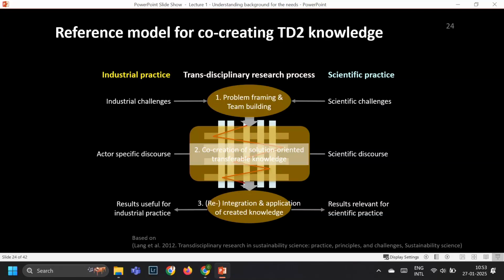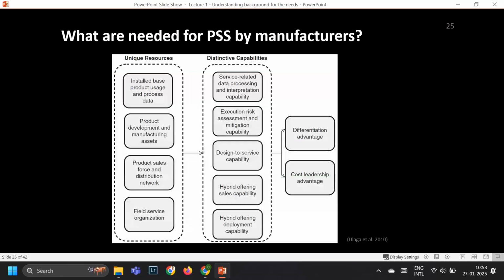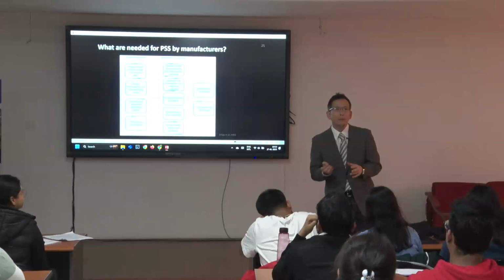Easier to describe and explain, but very difficult to realize. We always realize this, but important to bear this in mind. Okay, then I think I have some more slides, unless you have any particular questions so far. I will move on.